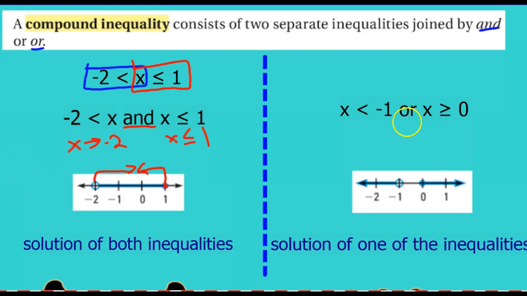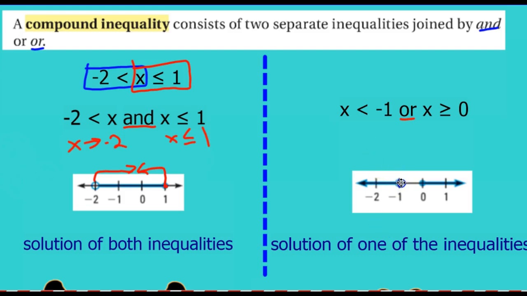The "or" inequalities have the word "or" in between the two of them. This one says x is less than -1, or x is greater than or equal to 0. So x is a solution of one of the inequalities.